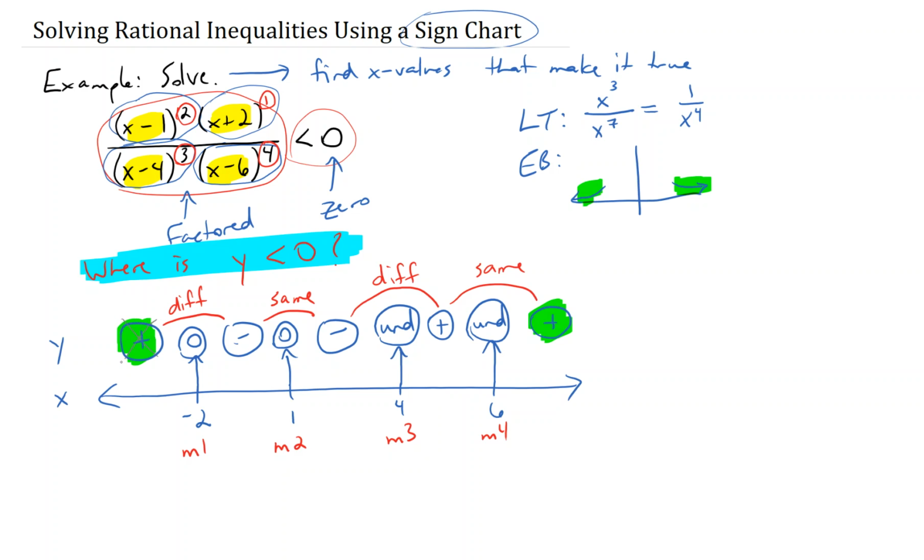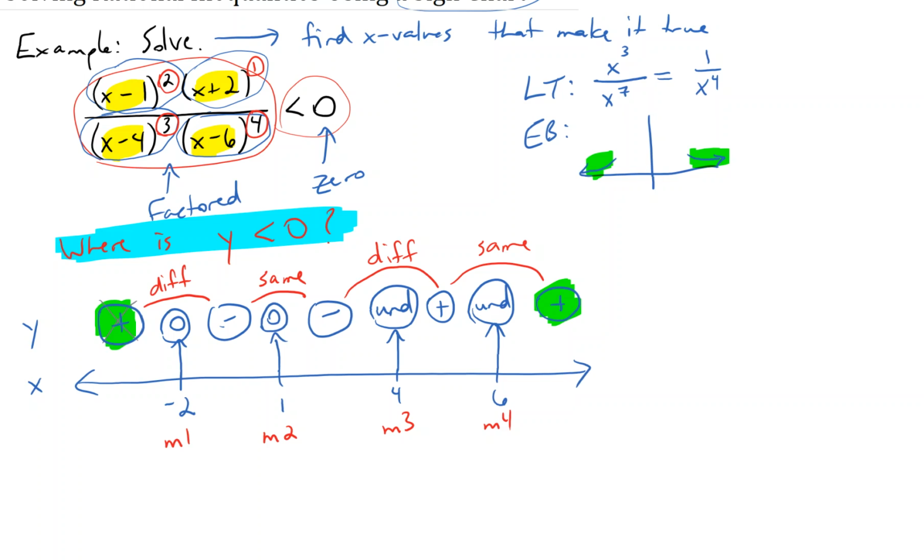That's not less than 0. y is 0, not less than 0. y is negative, less than 0. y is 0, y is negative. y is undefined, y is positive, y is undefined, y is positive. So the places where y is less than 0 are the 2 places where I have check marks.